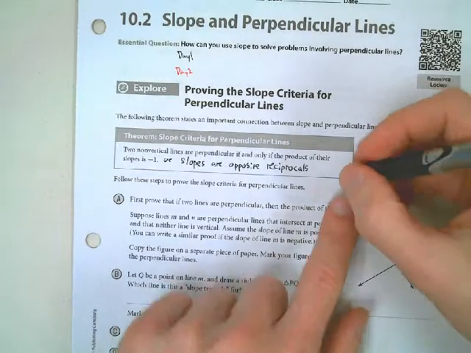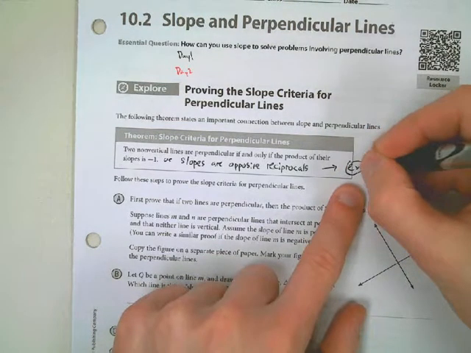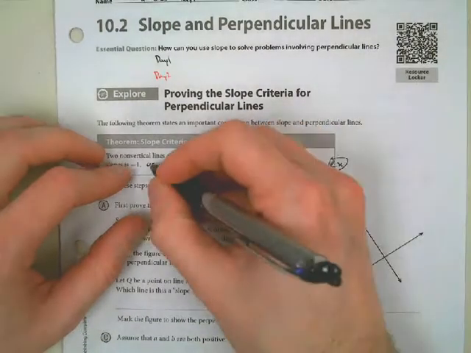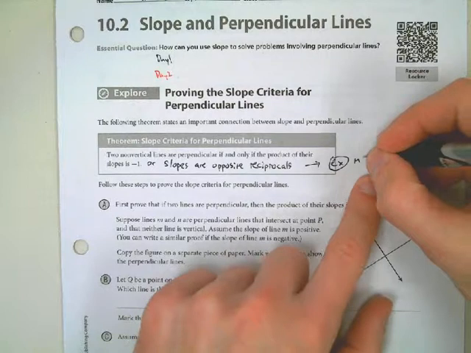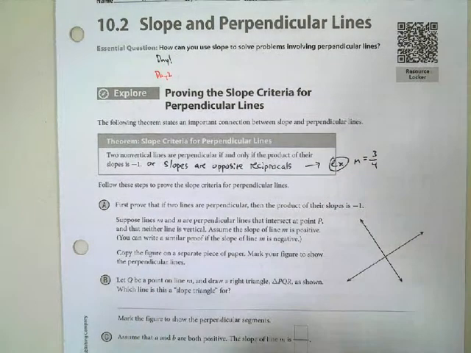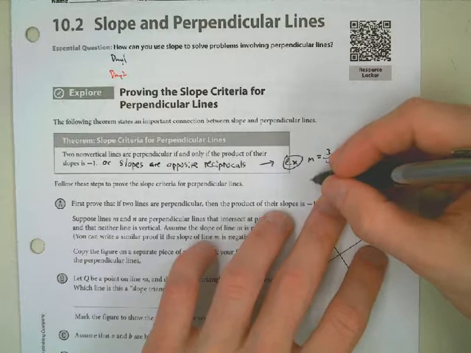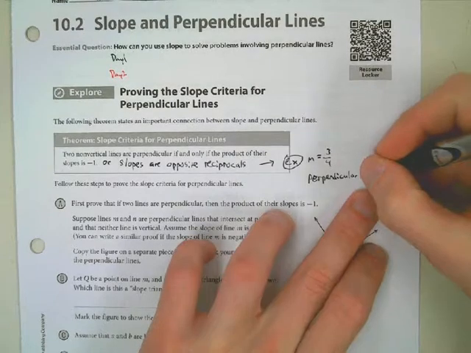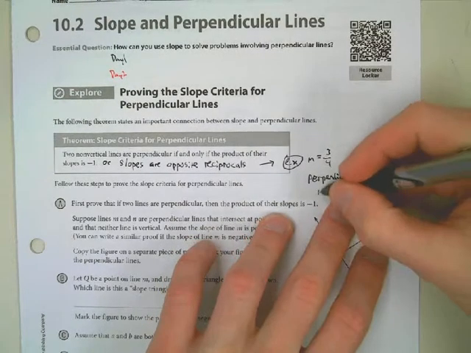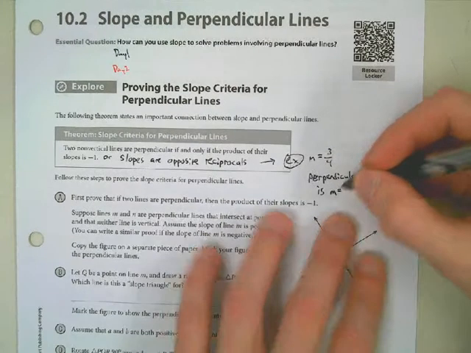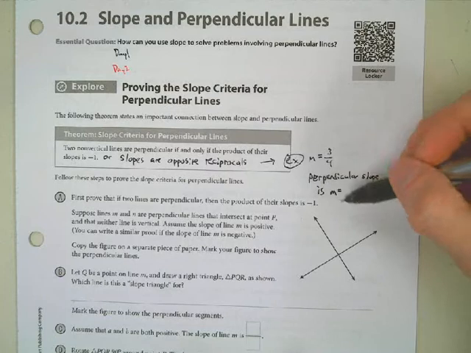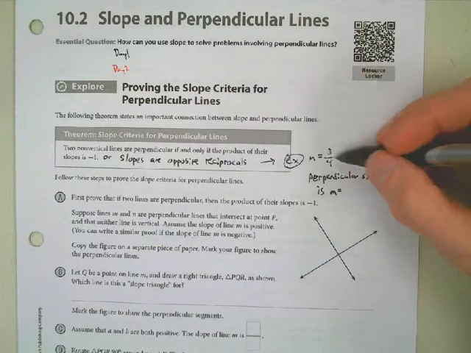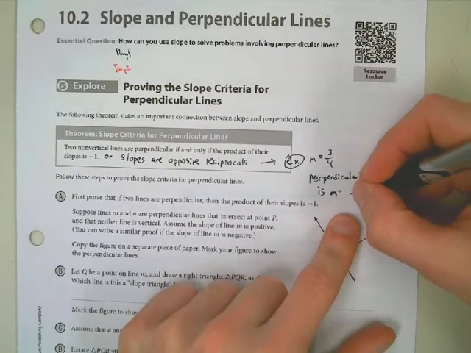As a quick example, if we have a slope of 3/4, then a perpendicular slope to that would be what? 4/3, flipped, and since this one was positive, this one will be negative.